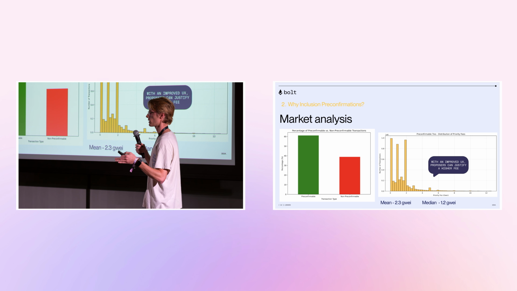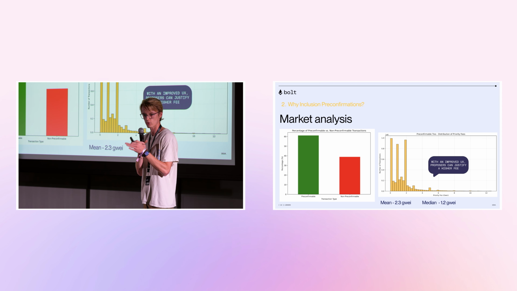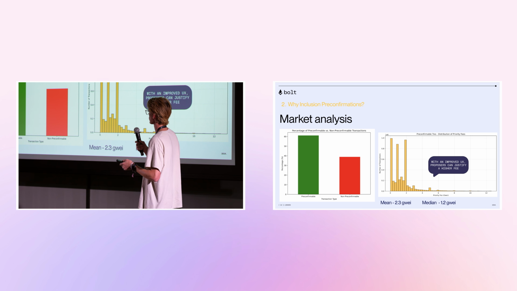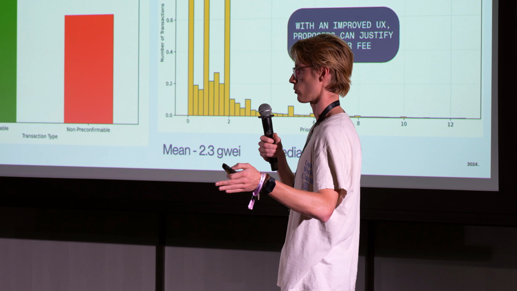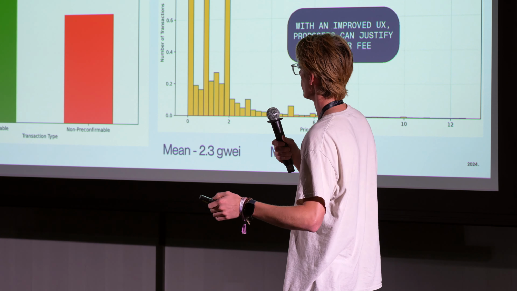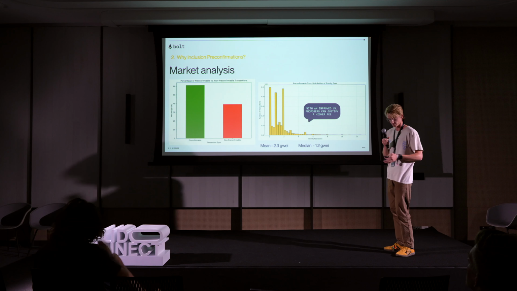To reiterate, preconfirmable means that they're not dependent on any order in the block, because inclusion preconfs don't commit to anything related to ordering, therefore they're not useful for any state contentious transactions like MEV or trading. And it turns out that 60% of all of the transactions on Ethereum landed in the last 20 days of blocks, not 20 blocks, are preconfirmable in that sense.